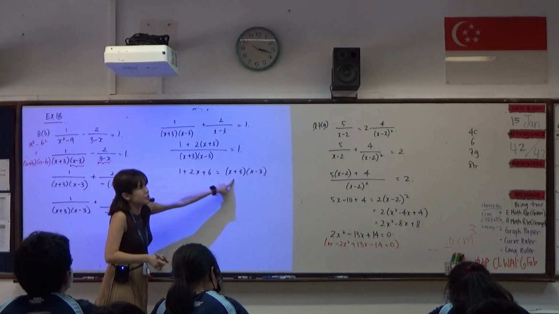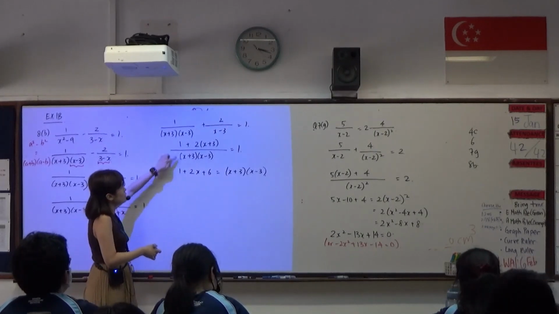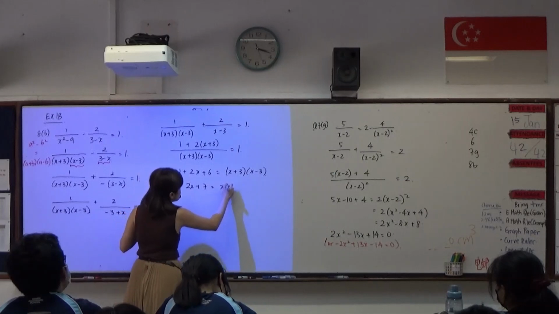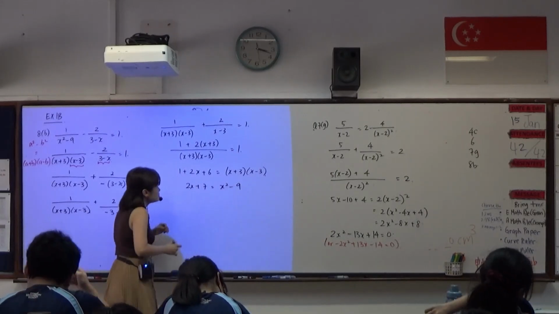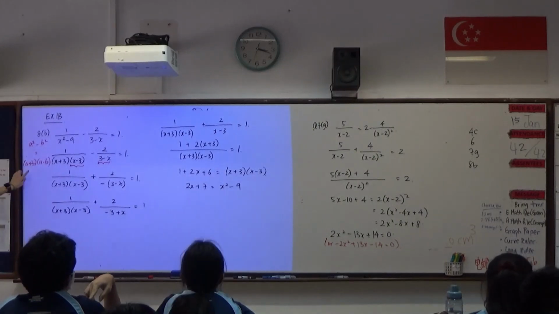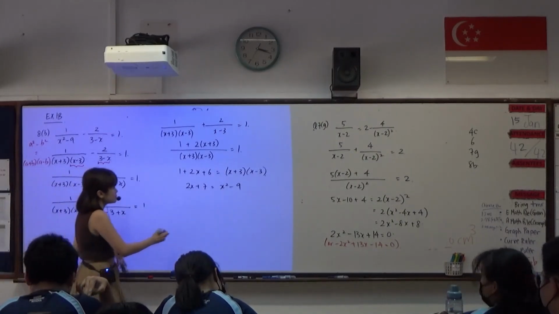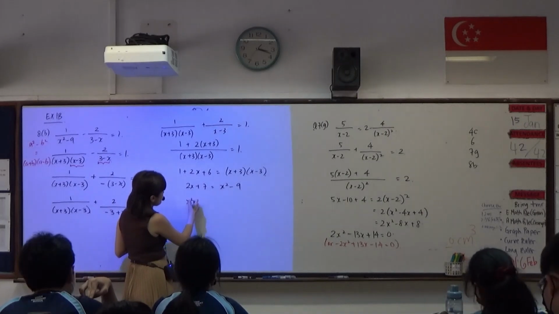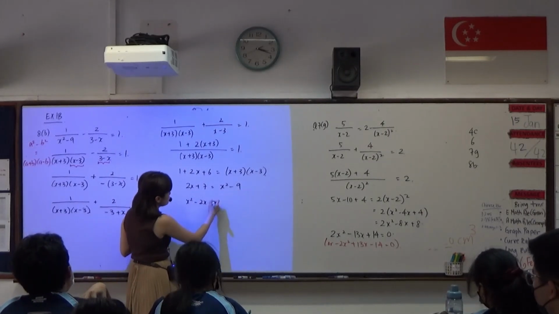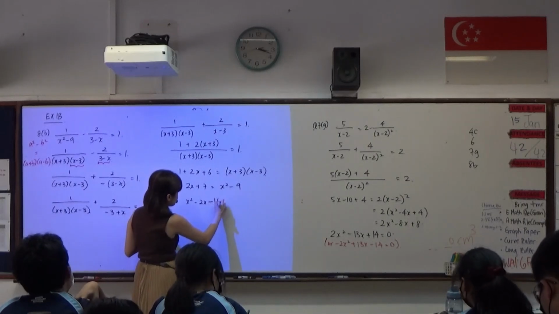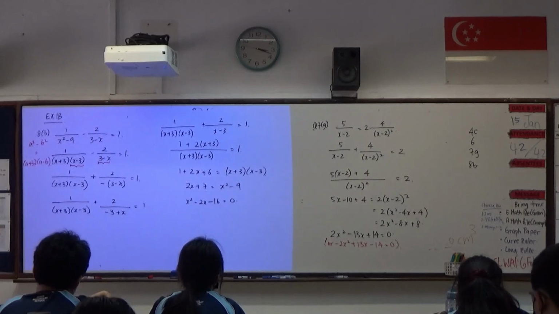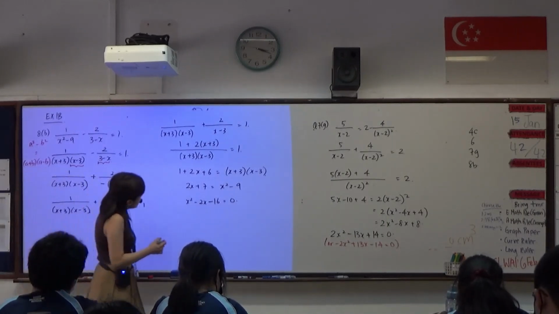So 1 times this is just this. I expanded the numerator already. So x plus 3 times x minus 3 will give you x squared minus 9 using the identity, which will give us x squared minus 2x minus 9, plus 7 brought to the left, so that will be minus 7, so negative 16. So I get x squared minus 2x minus 60 equals 0.